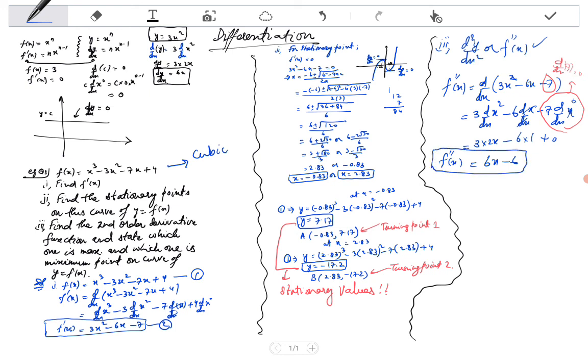I can call it equation number 3, because the original function I nominated as equation number 1, and the derivative equation as equation number 2, the first order derivative. This is the first order derivative, and this one is the second order derivative.